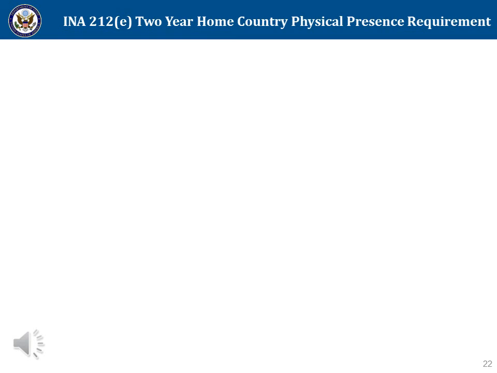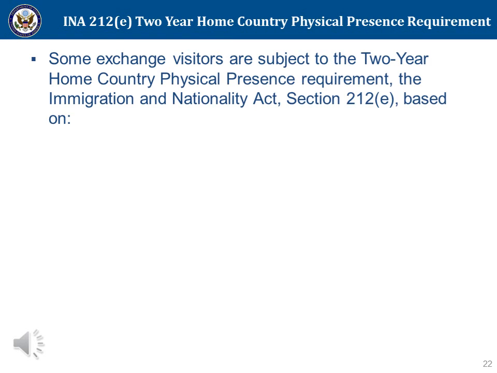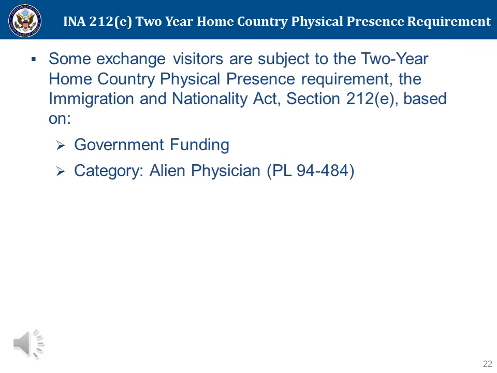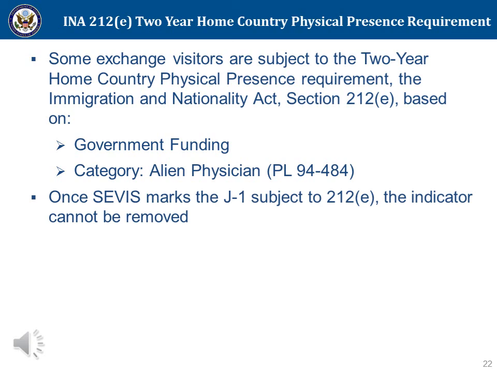SEVIS automatically marks Exchange visitor records subject to the 2-year home country physical presence requirement, Section 212E of the Immigration and Nationality Act, based on government funding or the category of alien physician. Once SEVIS marks an exchange visitor as subject to 212E, the indicator cannot be removed.